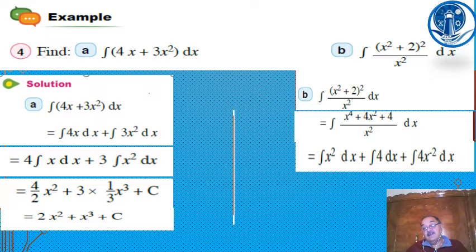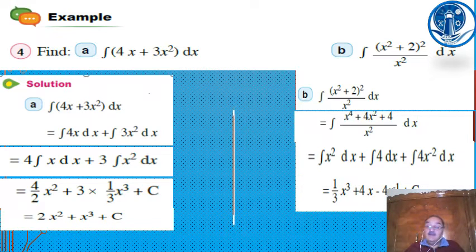Then the integration of x squared is, very good, x power 3 over 3. Integration of 4, yes, 4x. The derivative of 4 is 0, but the antiderivative of 4 is 4x. Plus 4x power negative 1 over negative 1. Then it will be 1 over 3 x power 3 plus 4x minus 4x power negative 1.